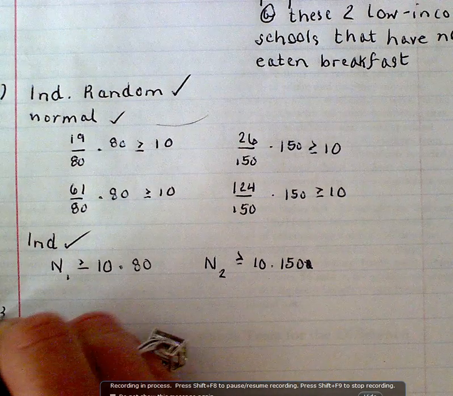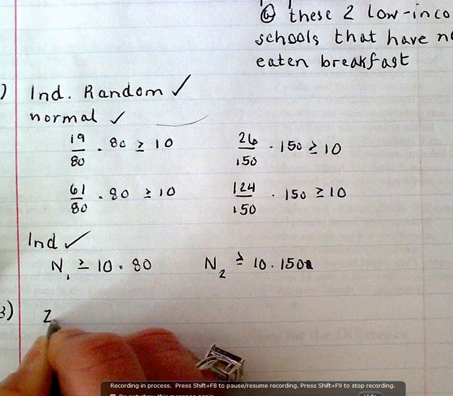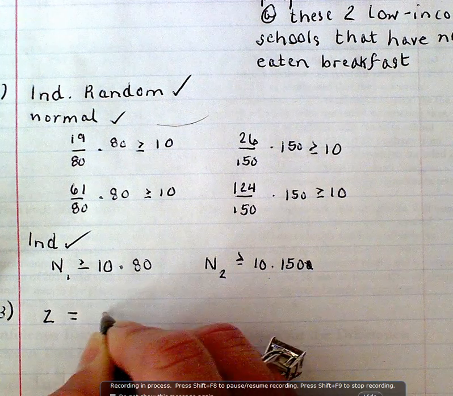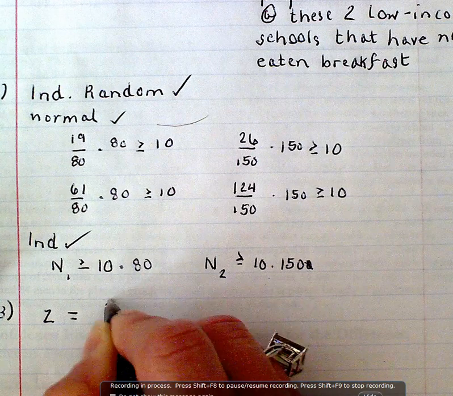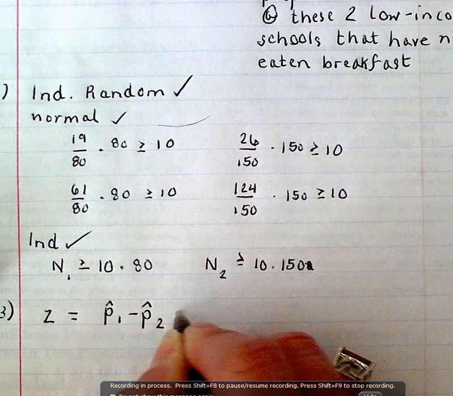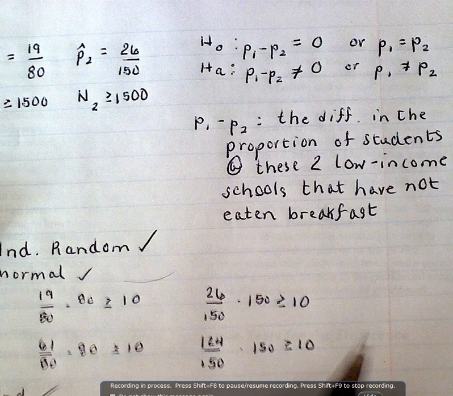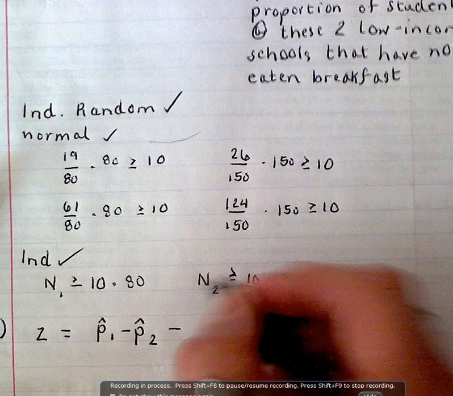So again, you take your statistic, and by the way, this is Z for proportions, of course. The statistic is the difference in our p-hats. You subtract your parameter, and in the null hypothesis, we have said that that parameter is equal to 0. So we're just basically subtracting 0.